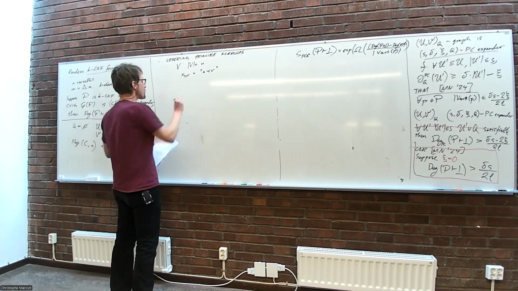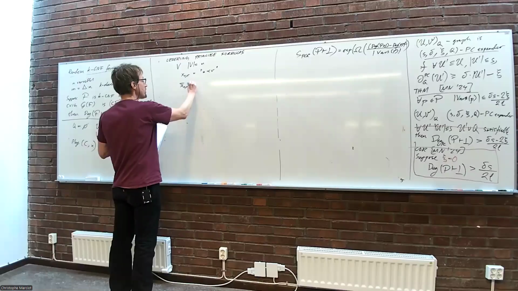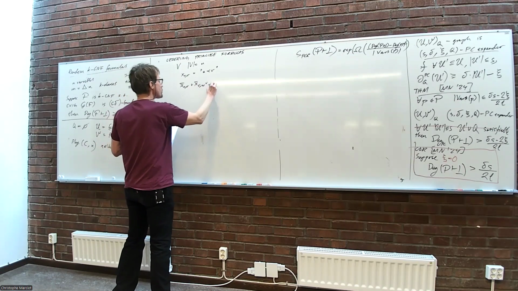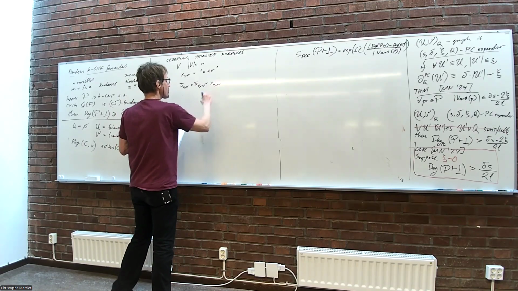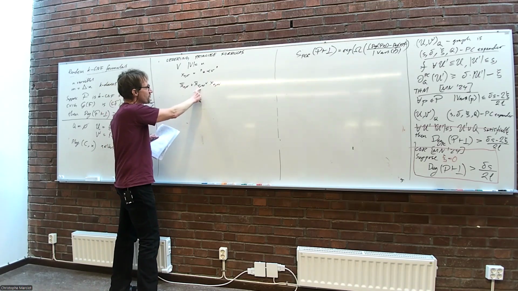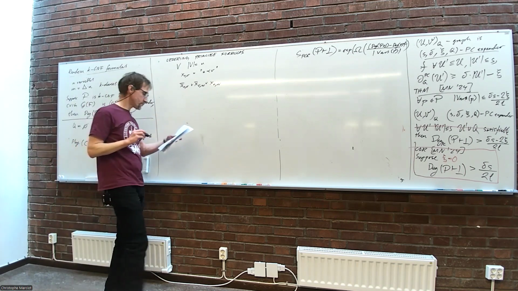Okay? How do we write down that we have a total order? Well, we say that if u is less than v, and if v is less than w, then u is less than w. This is just saying if u less than v and v less than w, then u less than w. This is transitivity.